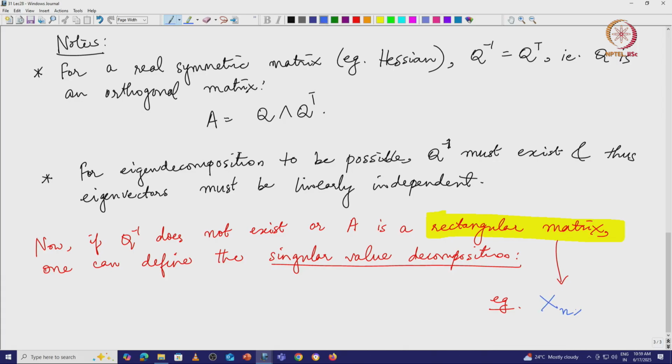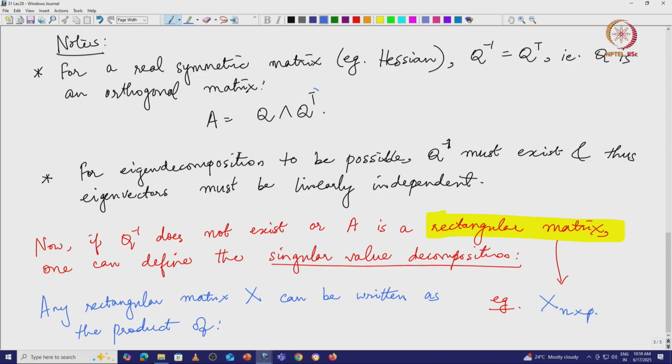X which is usually of size n by p, number of data points is the number of rows and number of features is the number of columns. So, for such matrices, X can be written as the product of 3 matrices, right.